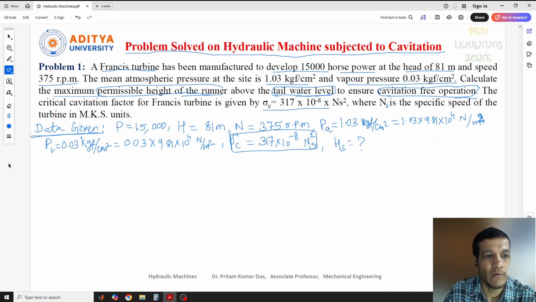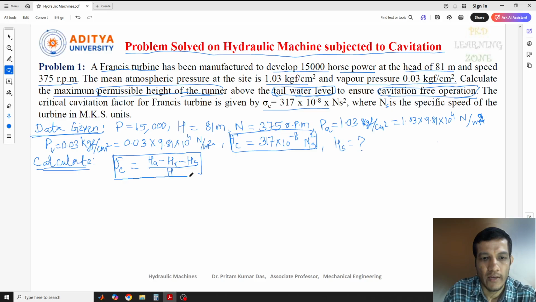Now we'll go for the calculation. I'll tell you in the reverse way how we can calculate this value. We have seen in our last lecture the formula: sigma c equal to HA, that is the atmospheric pressure head, minus HV, minus HS, divided by H. In this formula, only the head value is given.